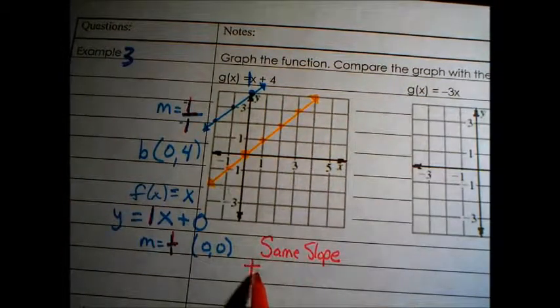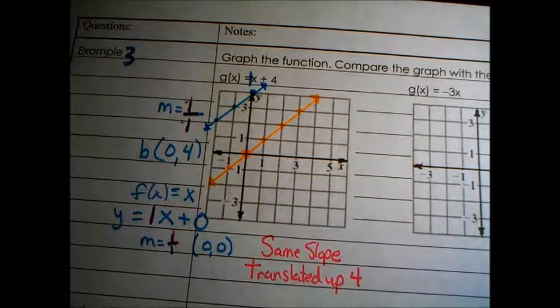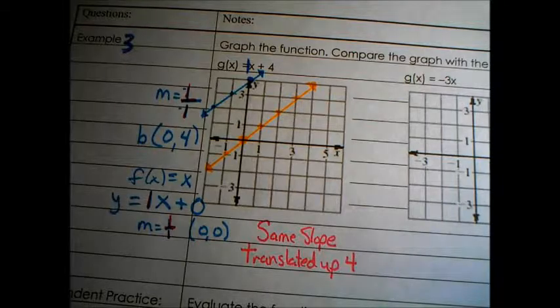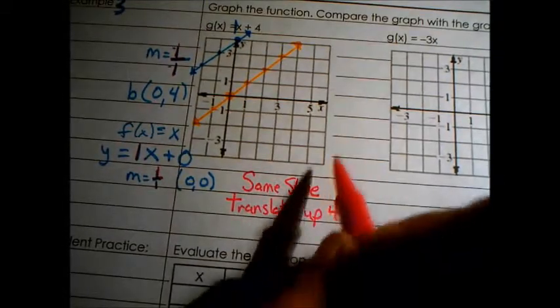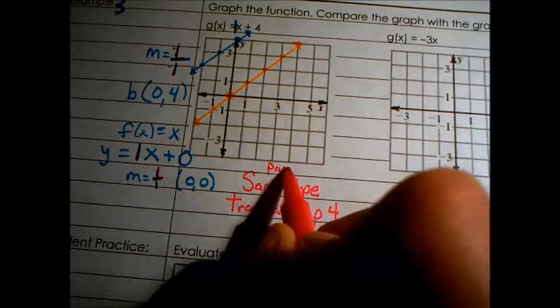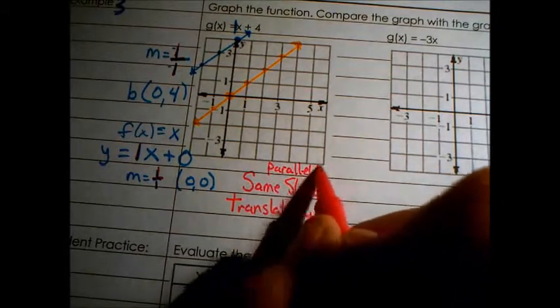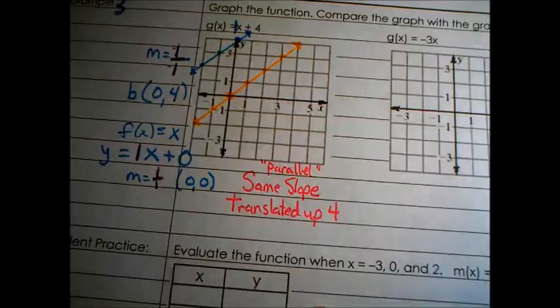So this thing we call being translated up 4. Okay, so being same slope means it's parallel. Okay, and it's being translated 4 up.